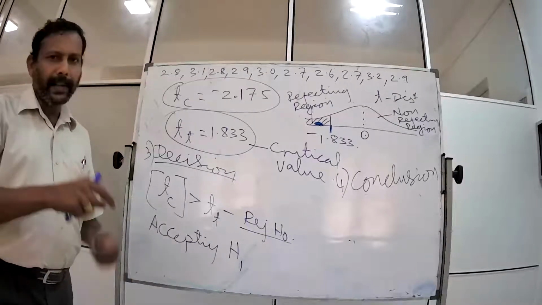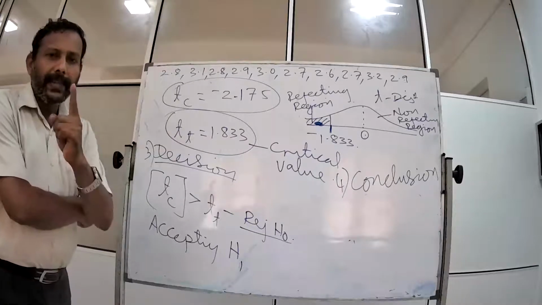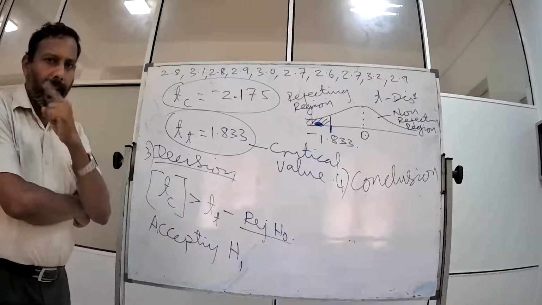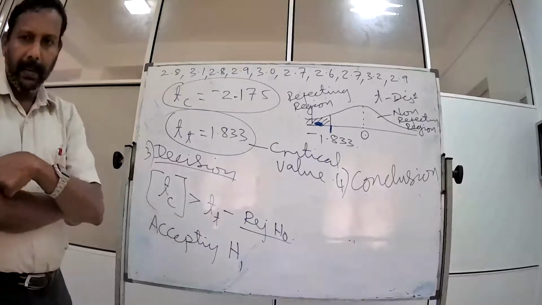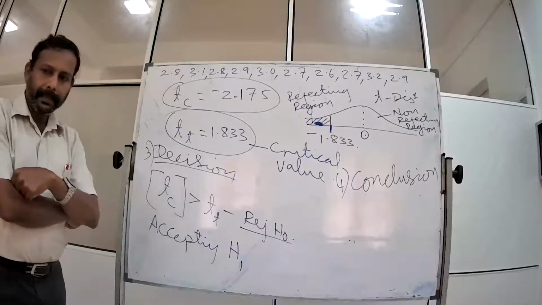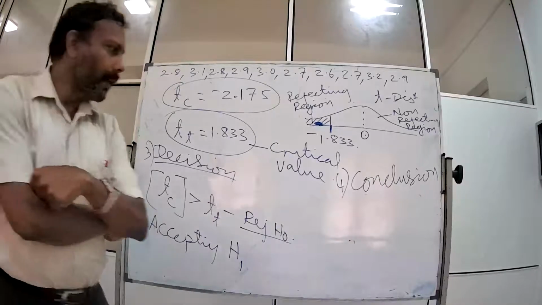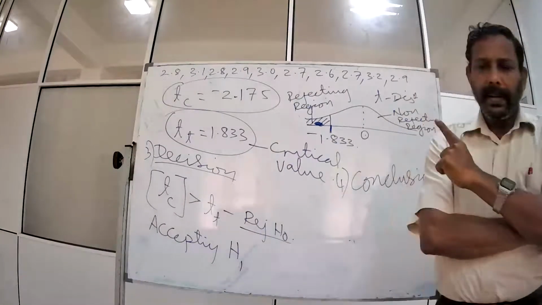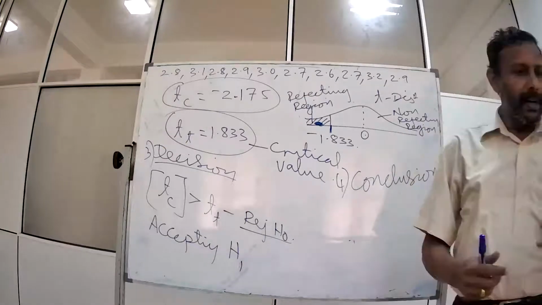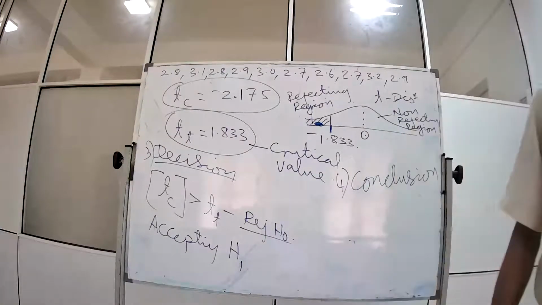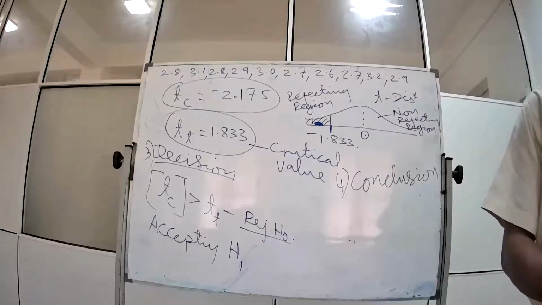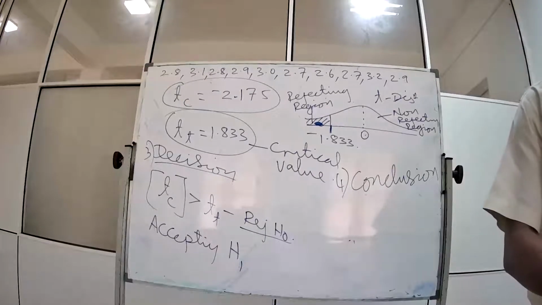If we accept our alternative hypothesis, in simple terms, can you tell whether that water can be used for irrigation or not? Can you tell me whether that water can be used for irrigation? In a simple term, because we are accepting our alternative hypothesis, can you tell me whether we could use this?